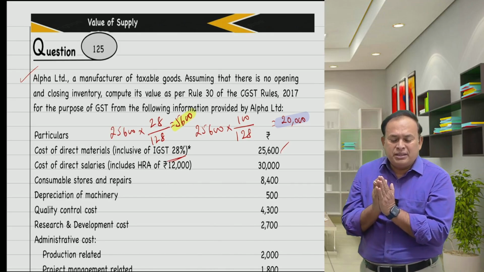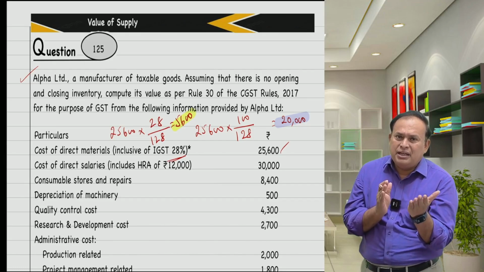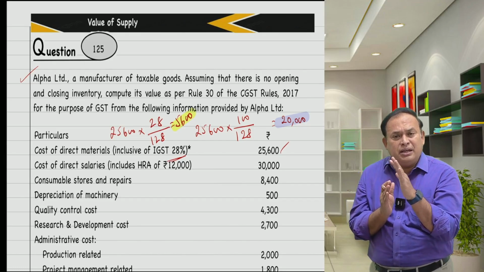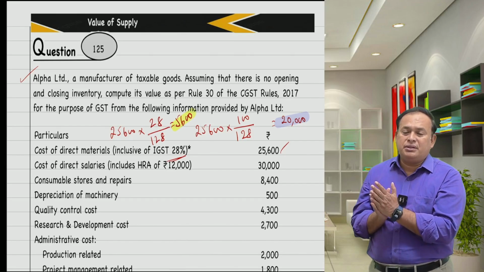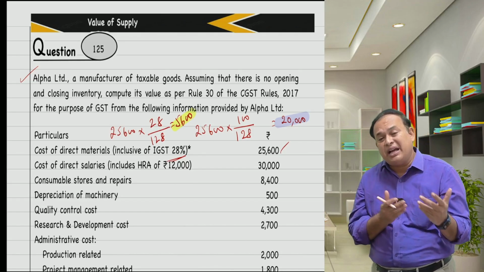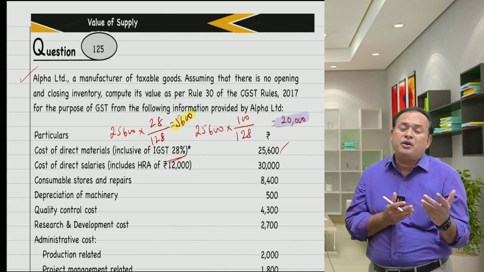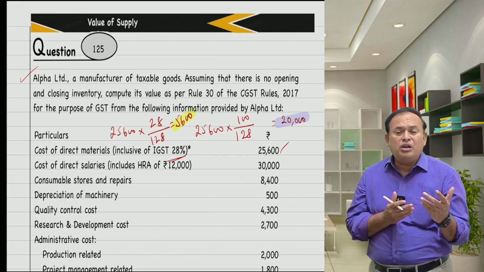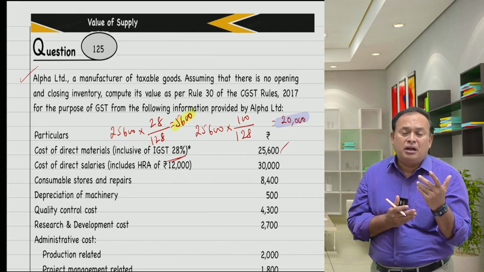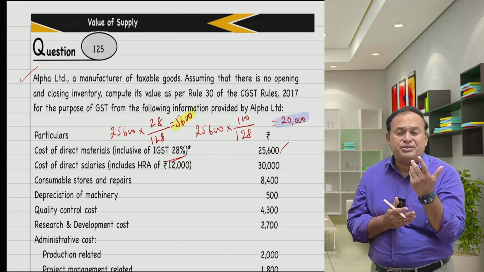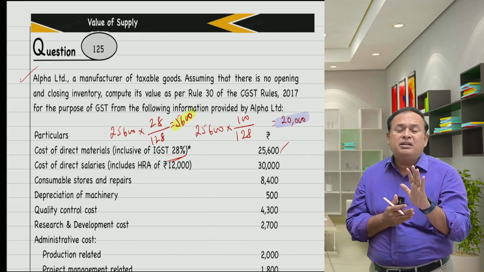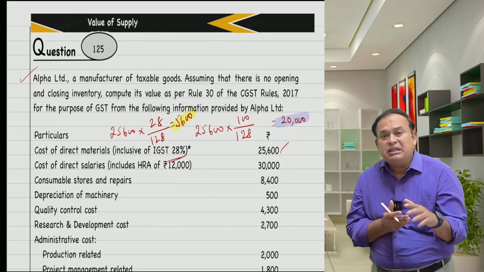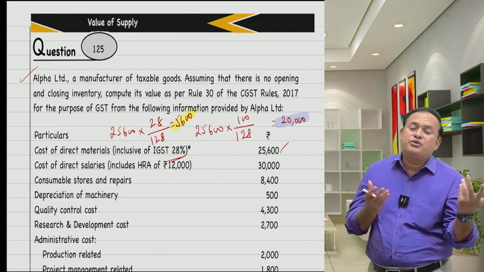Inward supply GST paid, does it qualify for ITC? Yes, sir. Then it does not form part of the cost. If it does not qualify for ITC, then it forms part of the cost of purchase. If it qualifies for ITC, it does not form part of the cost. If not qualified for ITC, it forms part of the cost.